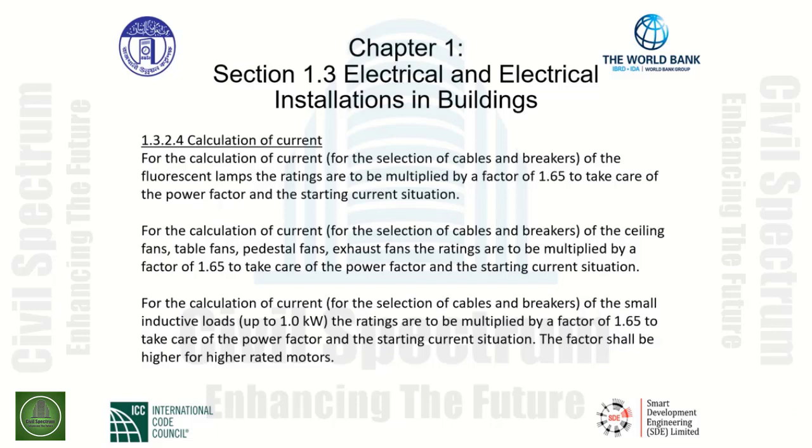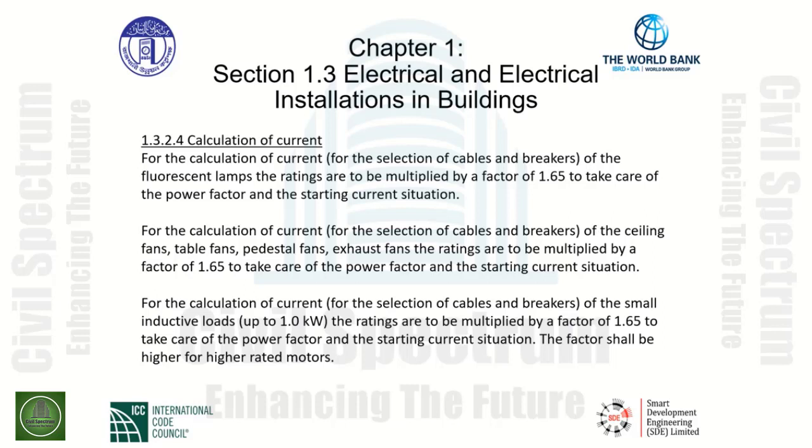Calculation of current is covered in section 1.3.2.4. For the calculation of current for the selection of cables and breakers of fluorescent lamps, the ratings are to be multiplied by a factor of 1.65 to take care of the power factor and the starting current situation.